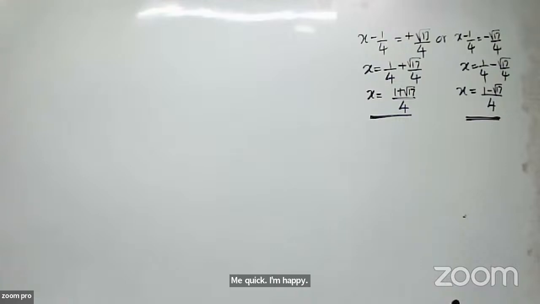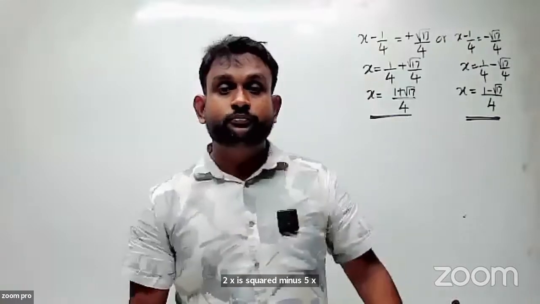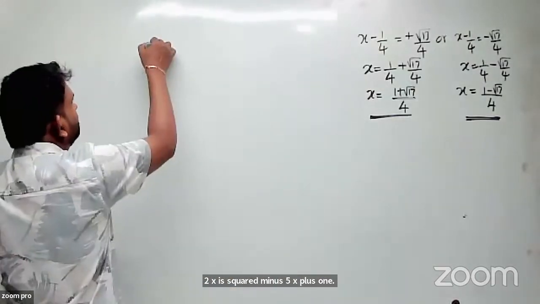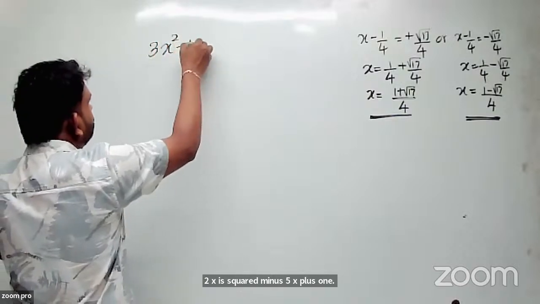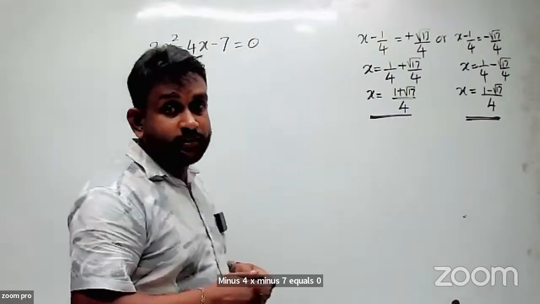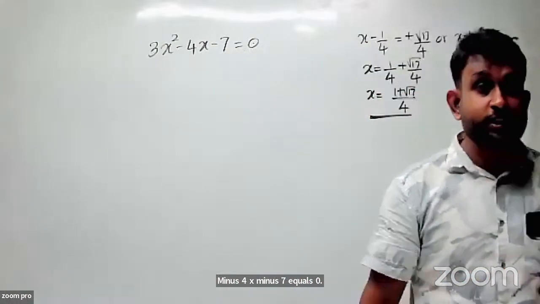Take this one. 2x squared minus 5x plus 1. We make this 3x squared minus 4x minus 7 equals 0. 3x squared minus 4x minus 7 equals 0.